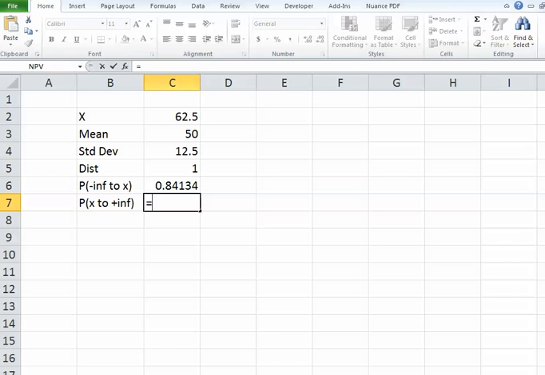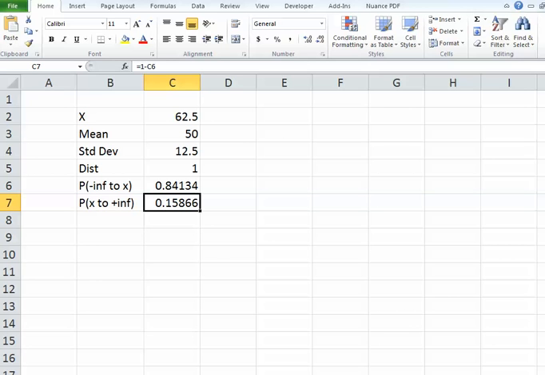So the complement to the first probability is just 1 minus that probability. So if 84%, a little more than 84%, scored worse than Patty on this exam, 1 minus 0.84 tells us that about 15.8 or almost 16% scored better than Patty on the exam.